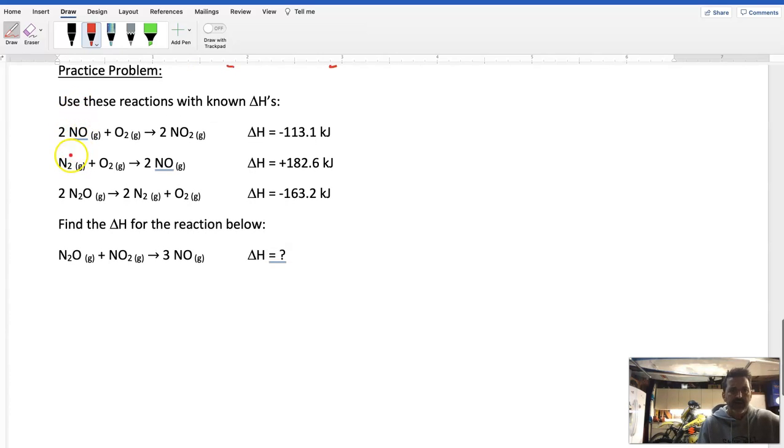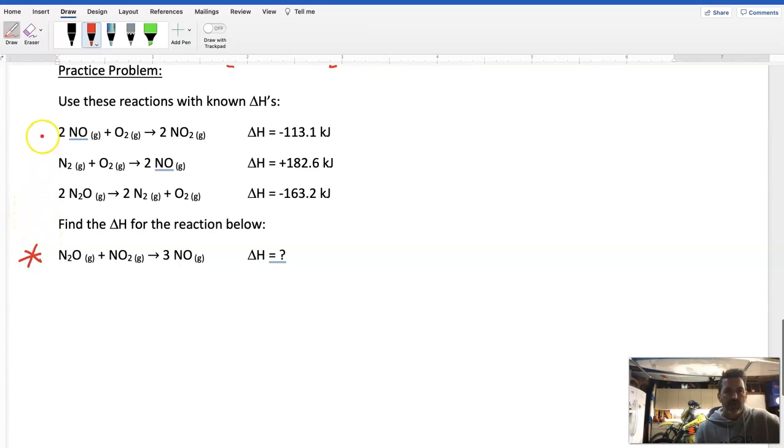It says here's a bunch of different reactions. It could be 2, could be 3, could be 4, could be as many as they want to put in here. In this case, they're going to give you 3 different chemical equations with their different delta H's. Now, here's what the problem is saying. Use these 3 equations, manipulate them, add them together so your final equation will look like this.